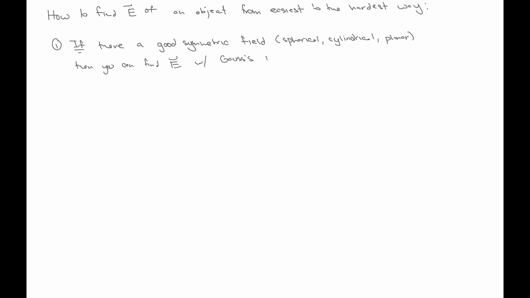This is by far the easiest way, the fastest way to do it. Gauss's law, of course, says that if you take the surface integral of the electric field, and this is a closed surface, so you've got to go all the way around a closed surface, then that's going to be equal to the enclosed charge over epsilon naught.